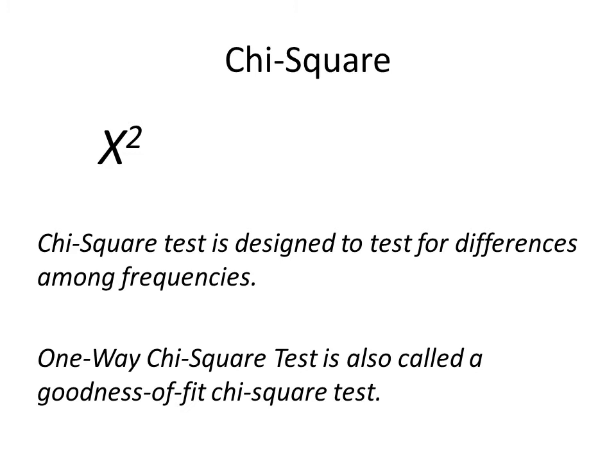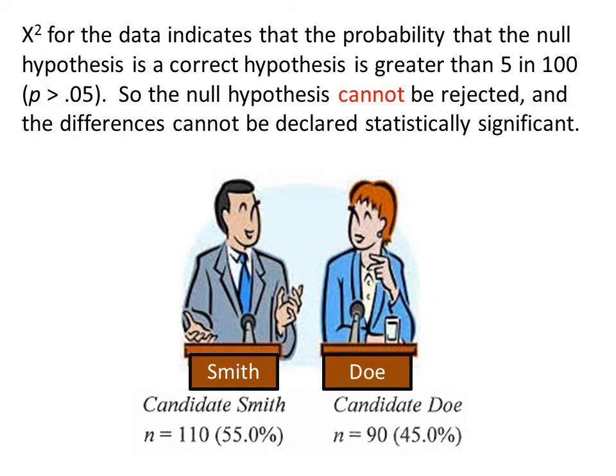That is, p is greater than 0.05. So the null hypothesis cannot be rejected, and the differences cannot be declared statistically significant.